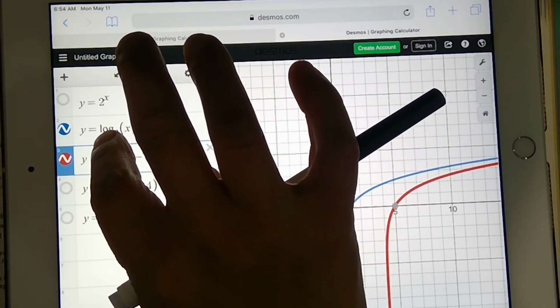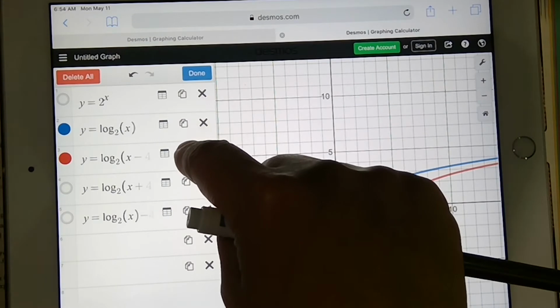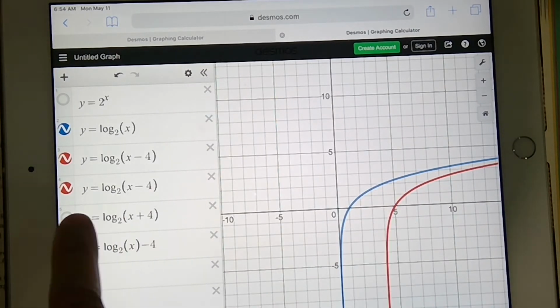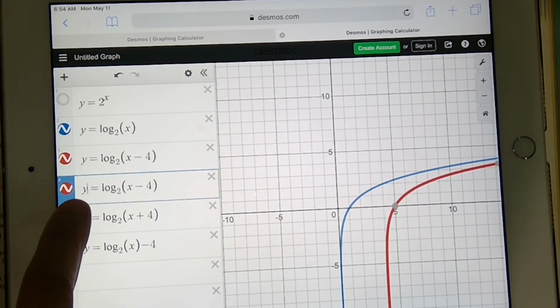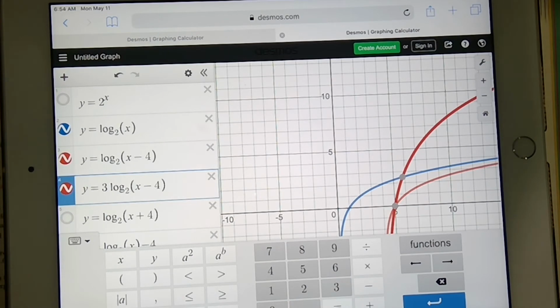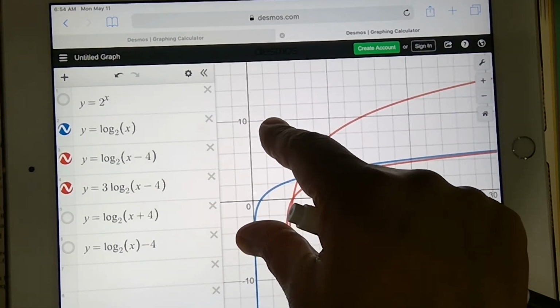But what would the 3 do to your graph? It's actually going to make it 3 times as high. Go ahead and graph that one as well.